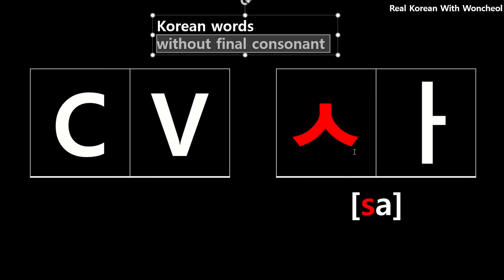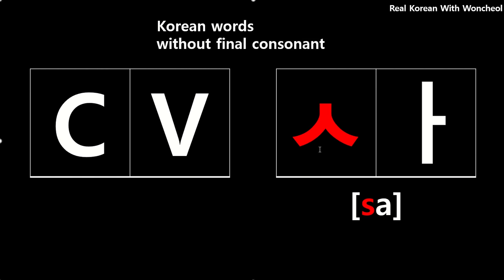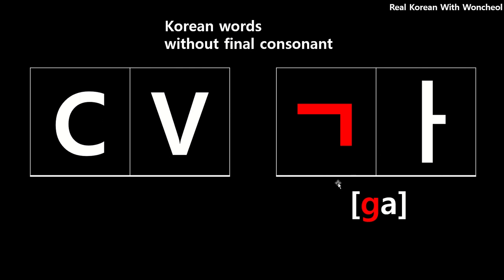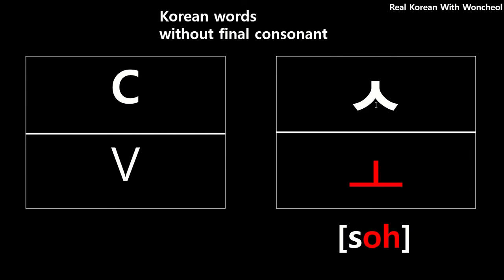So on the left, S sound, and vowel A, so together, sa. And next one, ka. And the other one, consonant and vowel together, so.